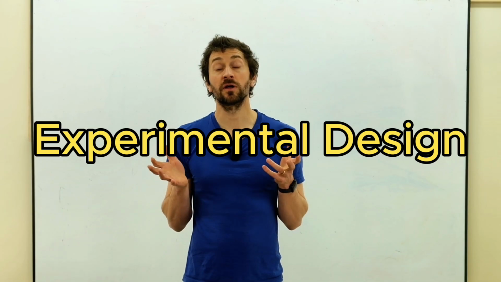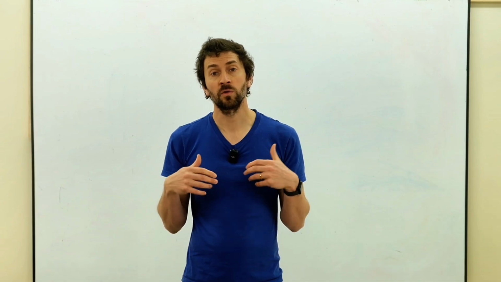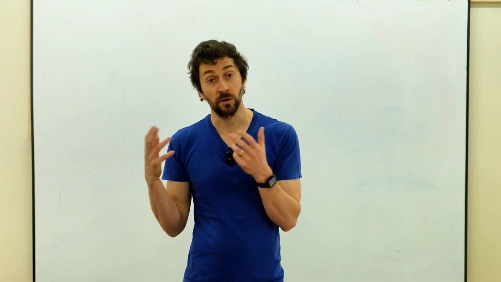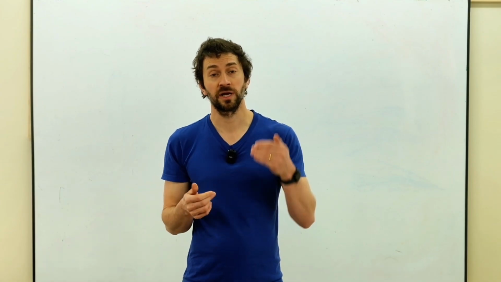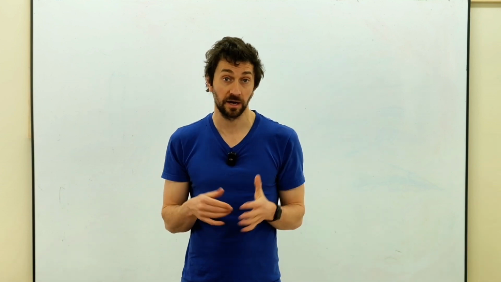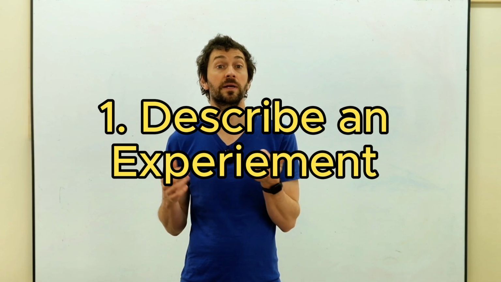The third kind of question is called experimental design. Here, they're wanting to see if you understand how physics principles will be worked out in reality with an experiment. And this question has a very clear journey, a path that you will follow every time. And there are 4 steps. The first step is to describe an experiment.